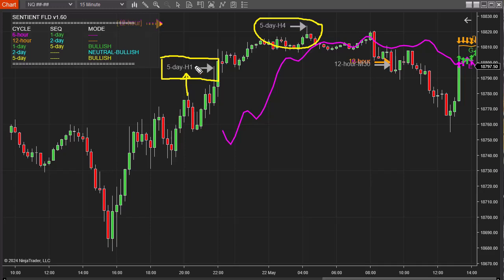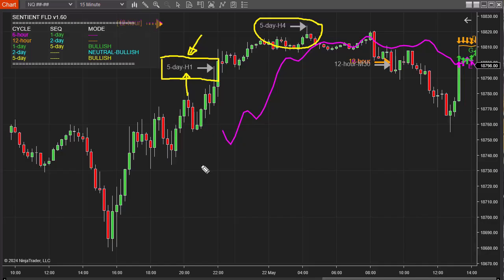But for the 5-day cycle on the hourly chart, you would be looking at over 100 bars. And in those 100 bars, it is possible, as price crossed the 5-day cycle FLD, that you had some whipsawing above and below the actual level of the FLD, which results in a slightly different target level.